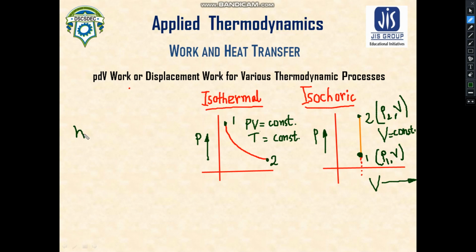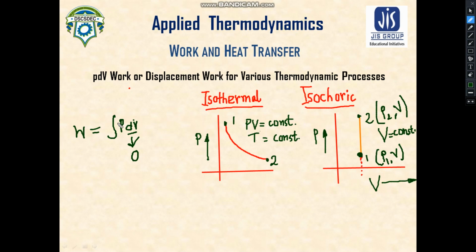If we understand this formula PDV, then we can easily understand that dV for any isochoric process is 0, because there is no change in volume. The volume remains constant. So this dV is 0, and that gives us the answer. The answer will be 0.